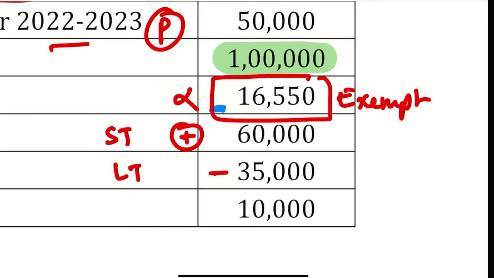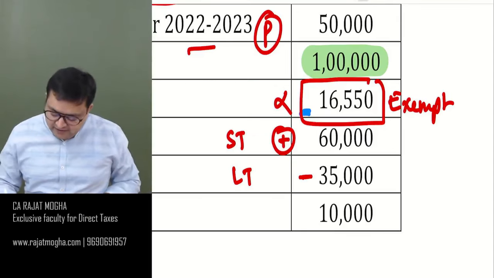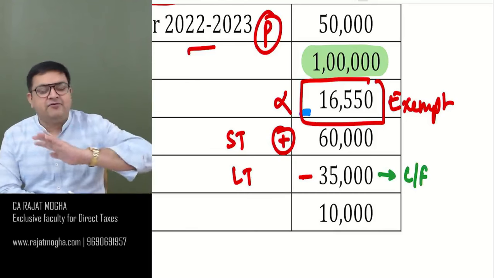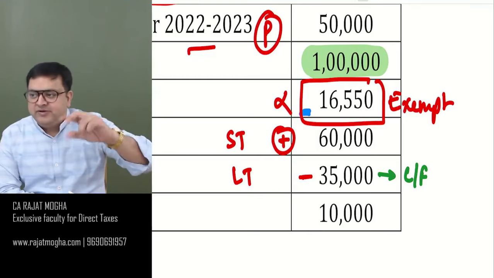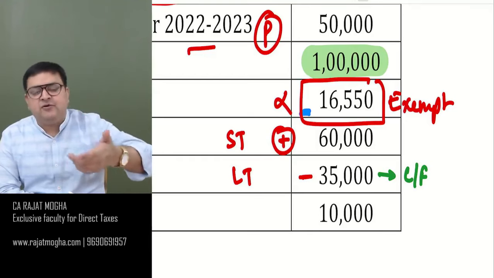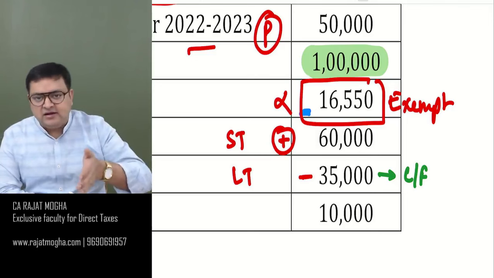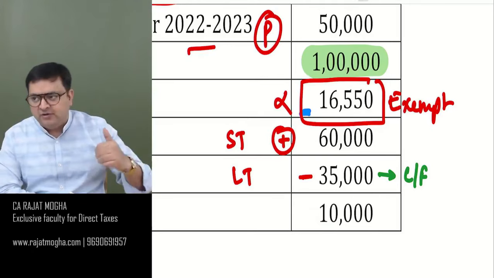No, he will not take help. It will be carried forward, correct? It cannot be set off. It will be carried forward, mandatory. So what we have done is current year losses, etc. We have not seen brought forward. Brought forward we will be seeing now.